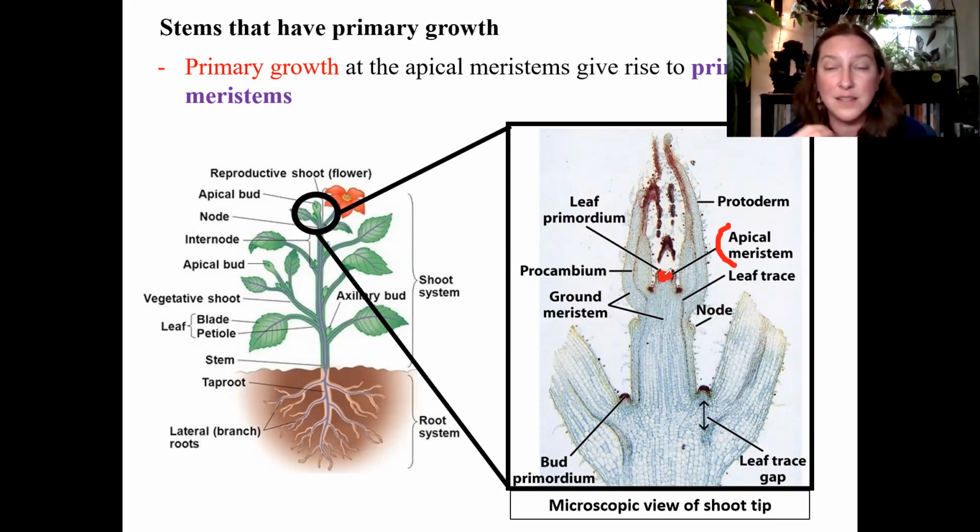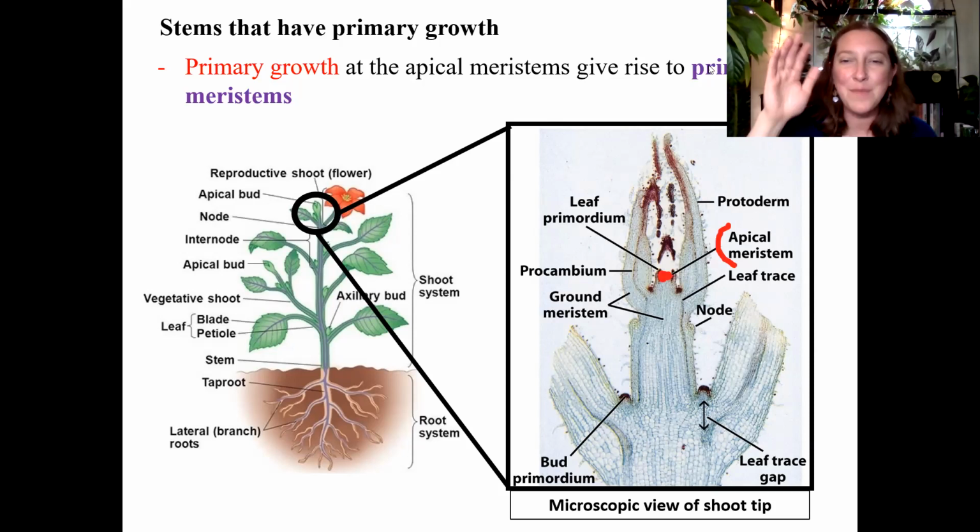And I just said that this apical meristem is going to make new tissues. And the first tissues it's going to make are something called primary meristems. And I will show you where they are.